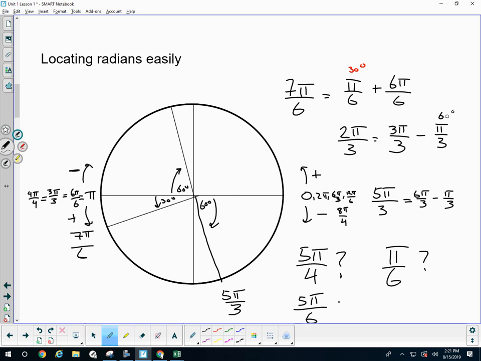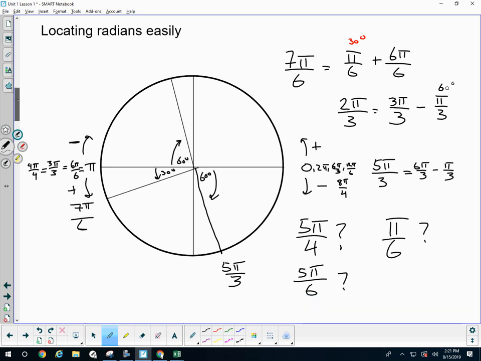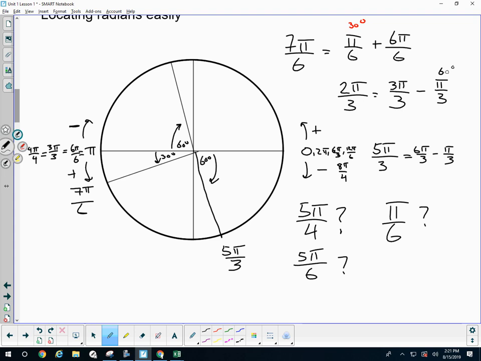Okay, ready, set, go. Find those 3 angles. Don't look back. Do it without looking.